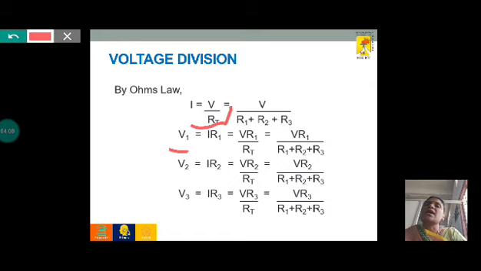So, V into R1 by RT, that's equal to V into R1 by (R1 plus R2 plus R3). Same way, V2 equal to I into R2, that's equal to V into R2 by RT, that's equal to V into R2 by (R1 plus R2 plus R3). Same way, V3 equal to V into R3 by (R1 plus R2 plus R3).